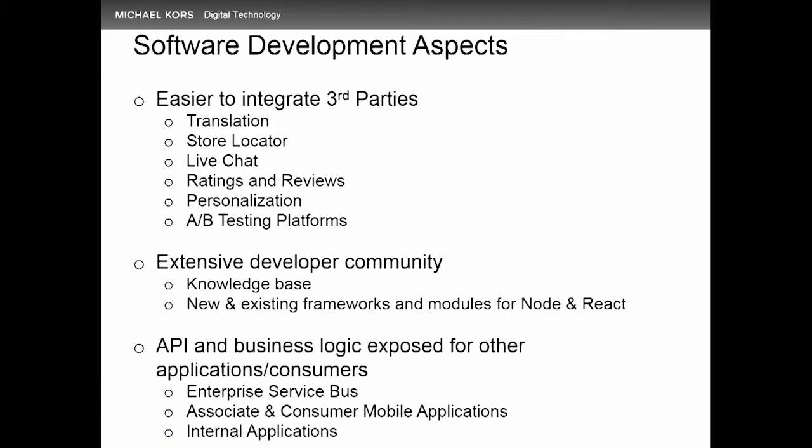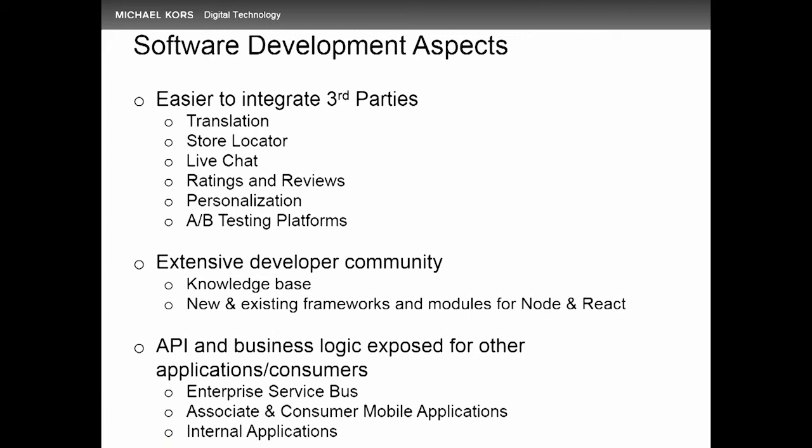We have more time to focus on larger, more strategic initiatives because we're not messing around with trying to exchange data and figure out how we want to make that handshake. There is an extensive developer community. Again, this is a double-edged sword too, and I'll talk about it in the disadvantages, but things are constantly evolving.